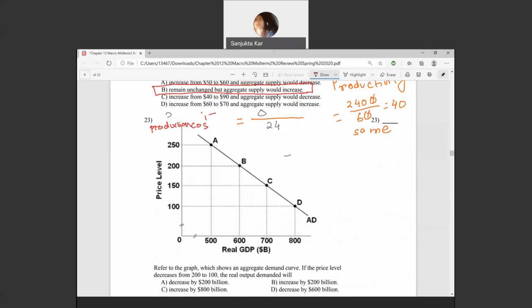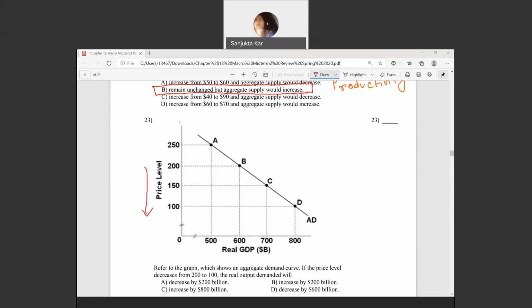All right, question number 23 here. It's telling us to refer to the graph which shows an aggregate demand curve. The price level is going down from 200 to 100. What happens as a result of that?